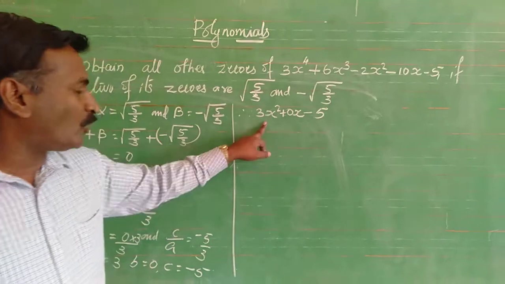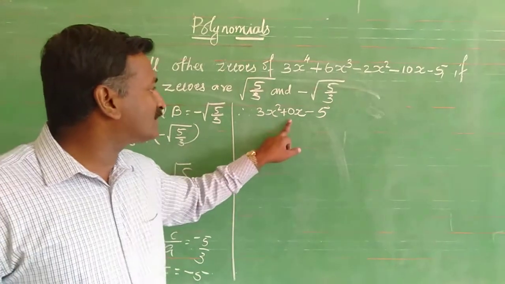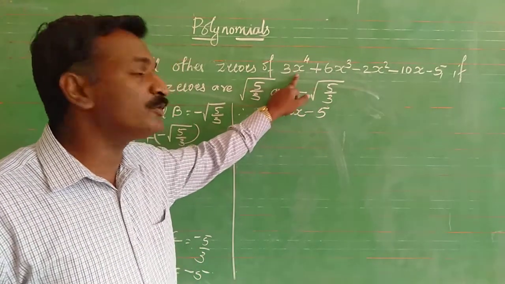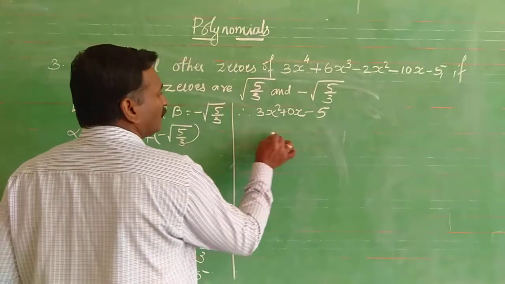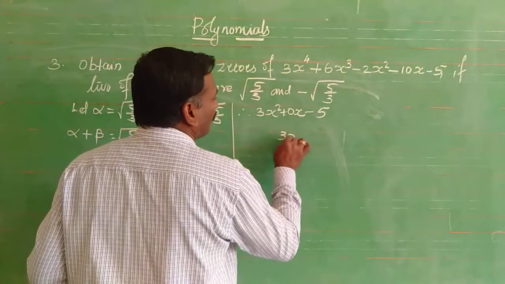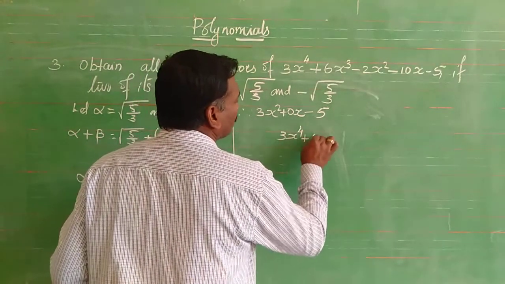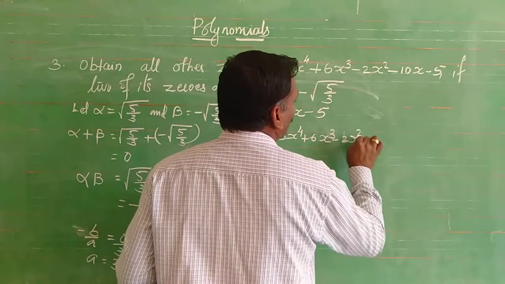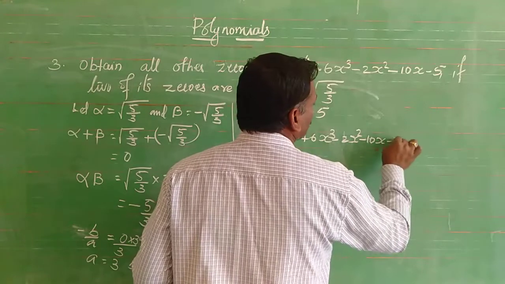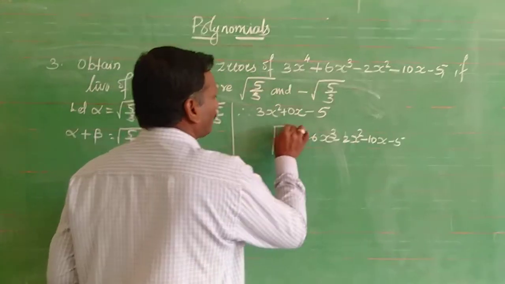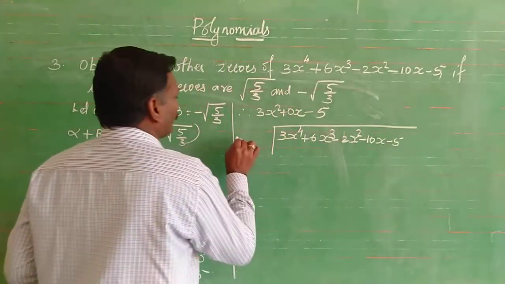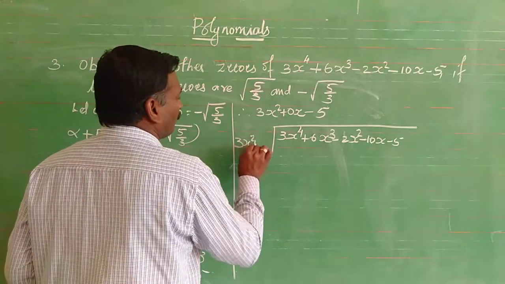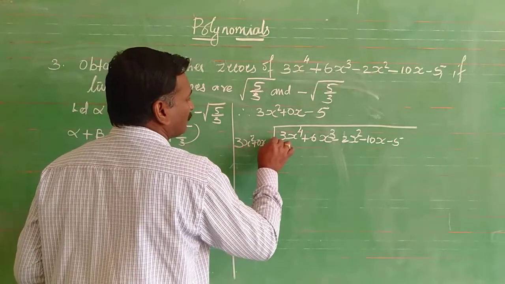Now this quadratic polynomial, 3x squared plus 0x minus 5, we are dividing into the biquadratic polynomial, that is 3x raised to 4 plus 6x cubed minus 2x squared minus 10x minus 5 divided by 3x squared plus 0x minus 5.